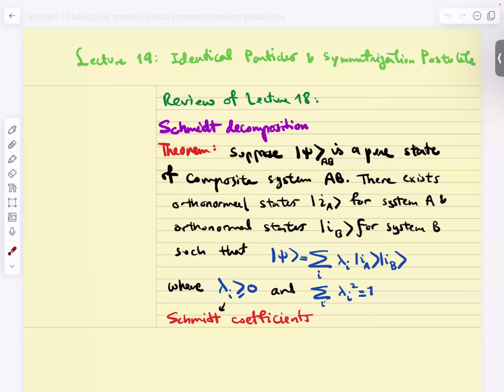The coefficients are called Schmidt coefficients, and we derived this.